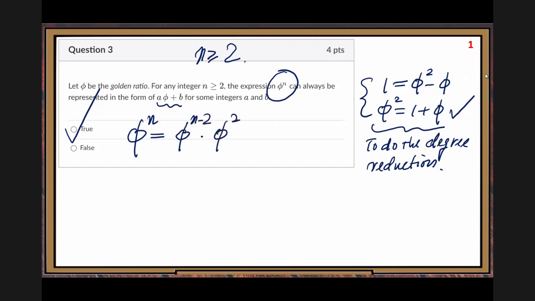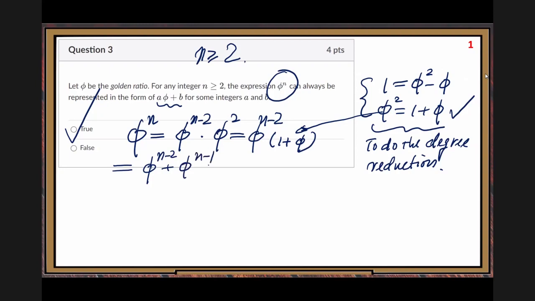We can do that, right? We do multiplication. Then, can we use the property here, replace phi squared by 1 plus phi? Then do multiplication: phi to the n minus 2 plus phi to the n minus 1.